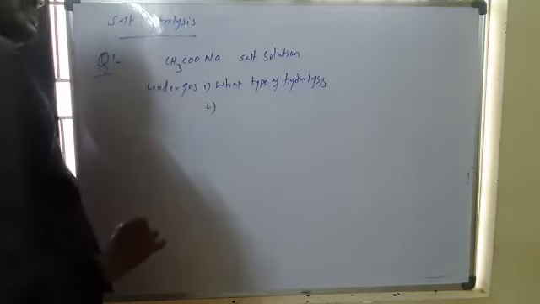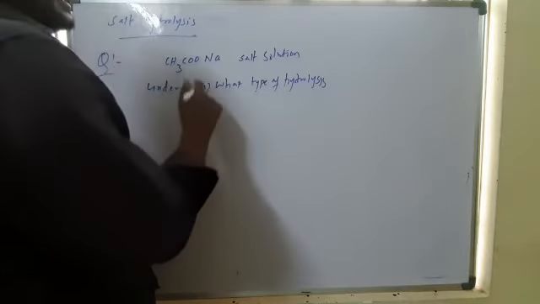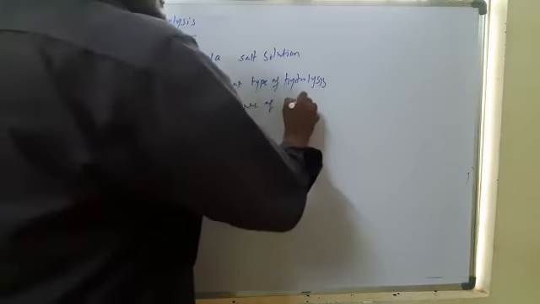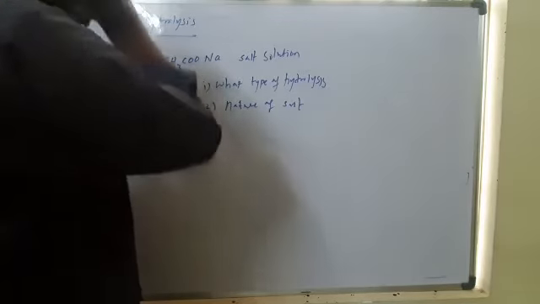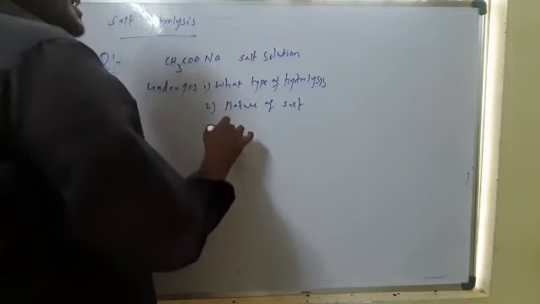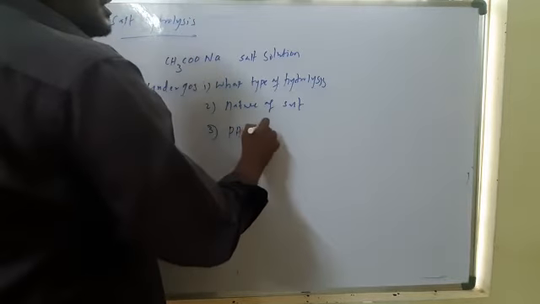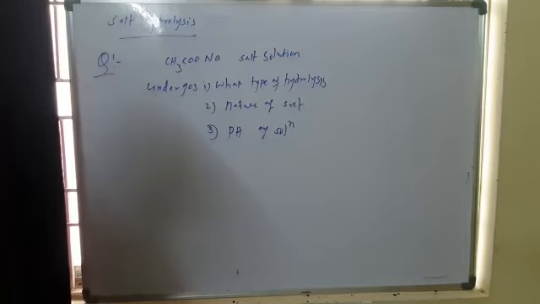Question number 2 asks about the nature of the salt, and number 3 asks about the pH of the solution. So various types of questions will be asked.